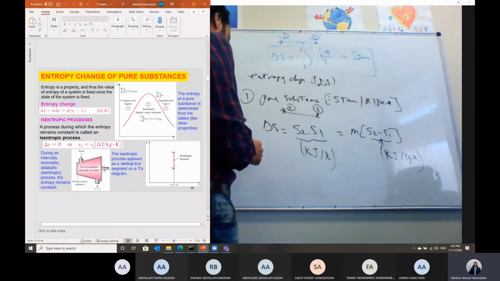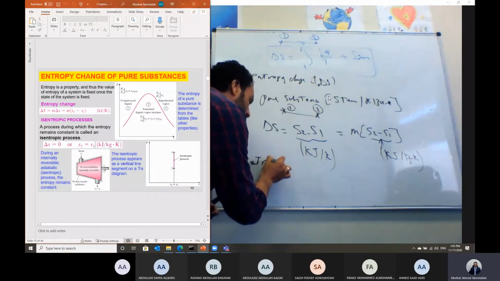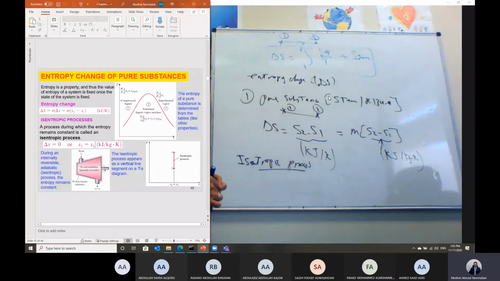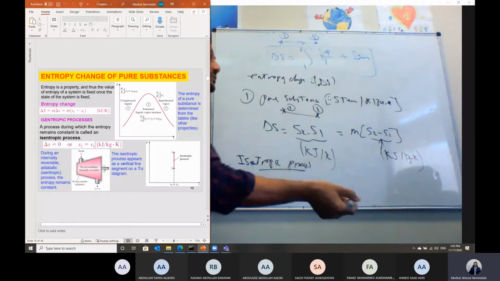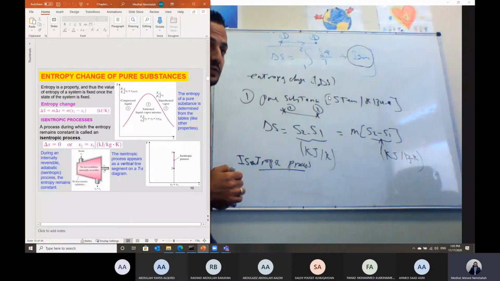But if we have steam or refrigerant undergoing an isentropic process, what does it mean, isentropic process? Isentropic, so the entropy is what? Constant. If the entropy is constant, that means we don't have entropy generation. So that means the process is what? Reversible, and we don't have any kind of losses in this case.